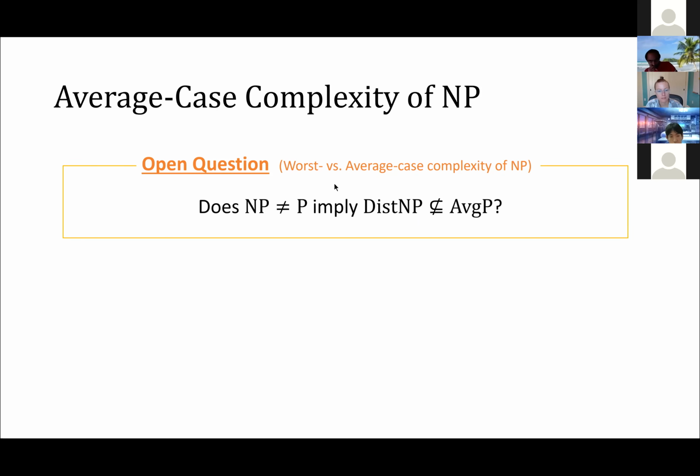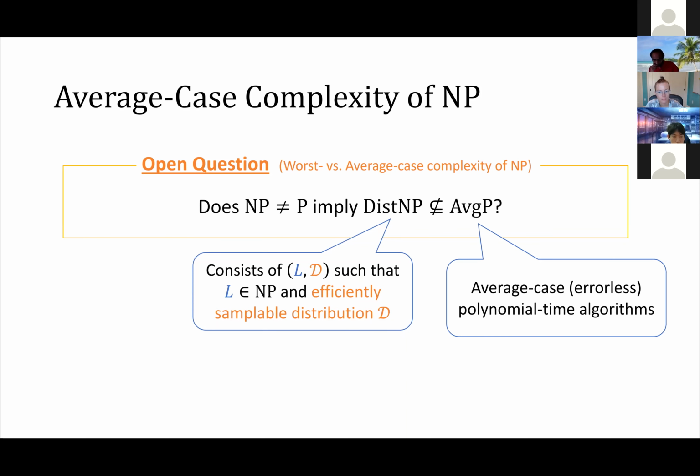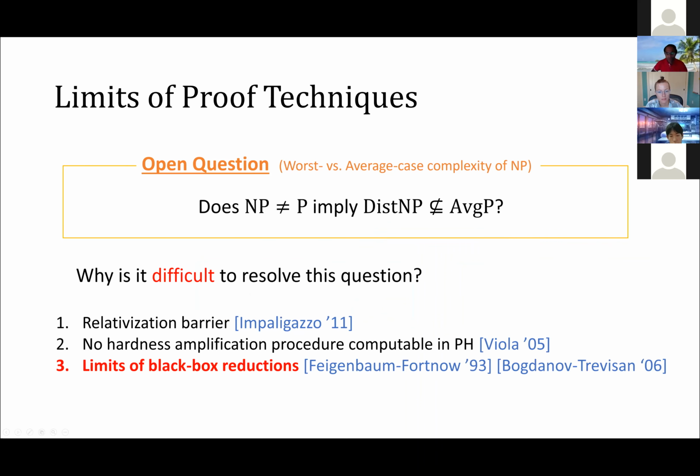There has been a long line of research on why it is difficult to resolve this open question. For example, we know that there is a relativization barrier for resolving this open question. Another barrier is what we call limits of black box reductions, which is going to be the main focus of this work. In order to explain the notion of black box reduction, let's try to resolve this open question by the following naive approach.